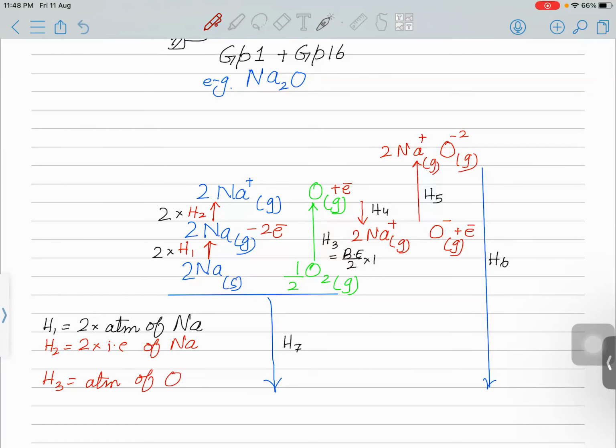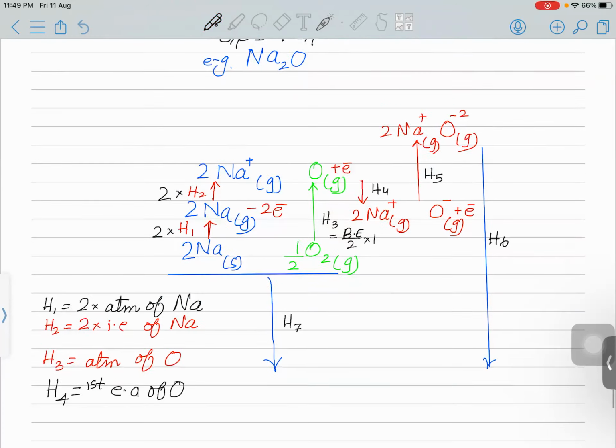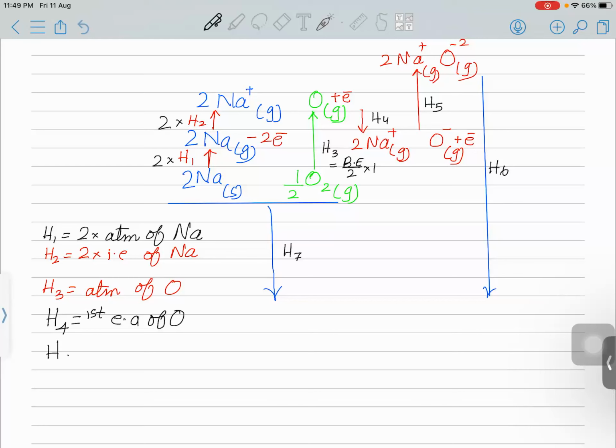Okay, what is H4? First electron affinity of oxygen. Very good. Now, what is H5?